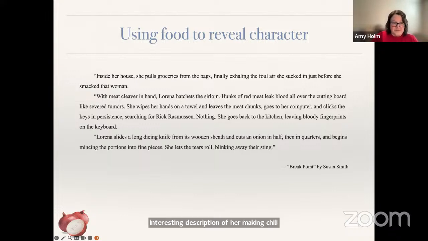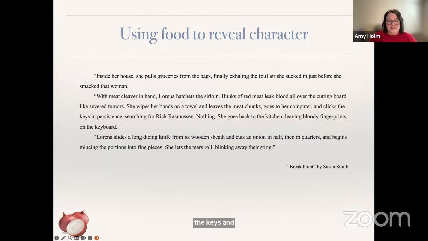Inside her house, she pulls groceries from the bags, finally exhaling the foul air she sucked in just before she smacked that woman. With meat cleaver in hand, Lorena hatchets the sirloin. Hunks of red meat leak blood all over the cutting board like severed tumors. She wipes her hands on a towel and leaves the meat chunks, goes to her computer and clicks the keys in persistence, searching for Rick Rasmussen.